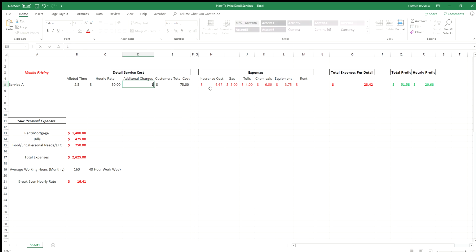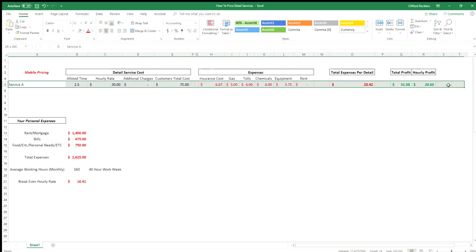So if you had an extra charge of $15 because of additional whatever, then you can put that there, and that gives you an idea of what the customer's total cost is, okay? Now, this isn't a perfect science.